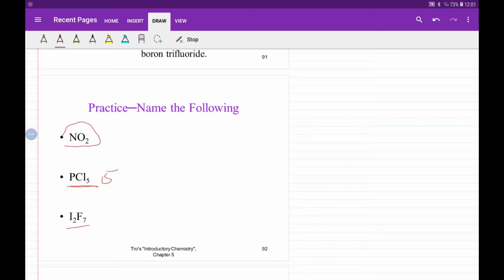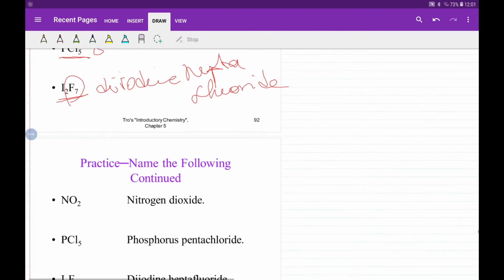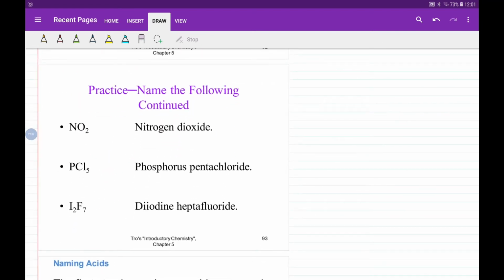For this one, it's diiodine. I have 2 I's. 7 fluorine, that's heptafluoride. Right? Diiodine heptafluoride.